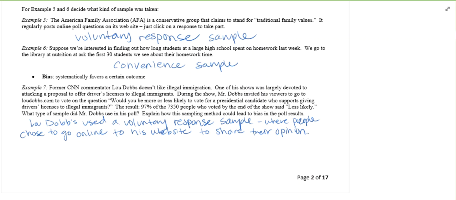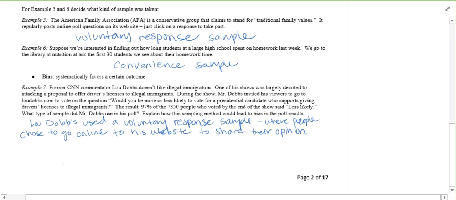But explain how this sampling method could lead to bias in the poll results. Do you think this is accurate then? The 97% of people would be less likely to vote for a presidential candidate who supports giving driver's licenses to illegal immigrants. Do you think that's true of the whole general population of the United States? No. Okay, why? Who is he talking to?